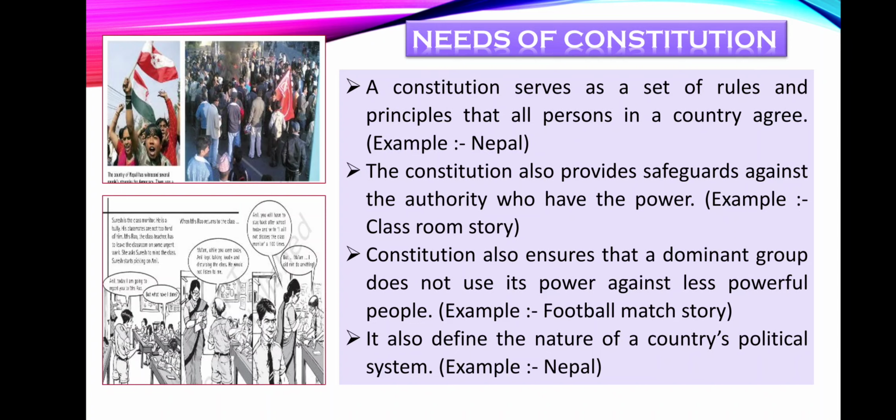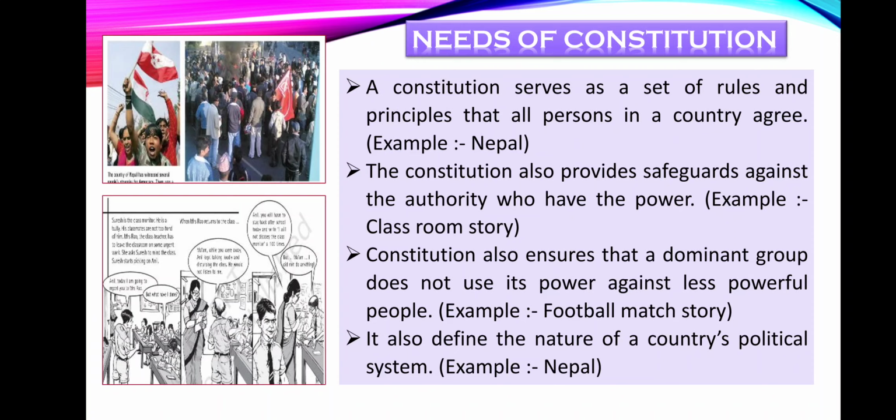Then, it also defines the nature of the country's political system. Any country, what type of country it is, what the people's aspirations are, what they want from their nation and how they want their nation to be, their thinking, their ideology works here.